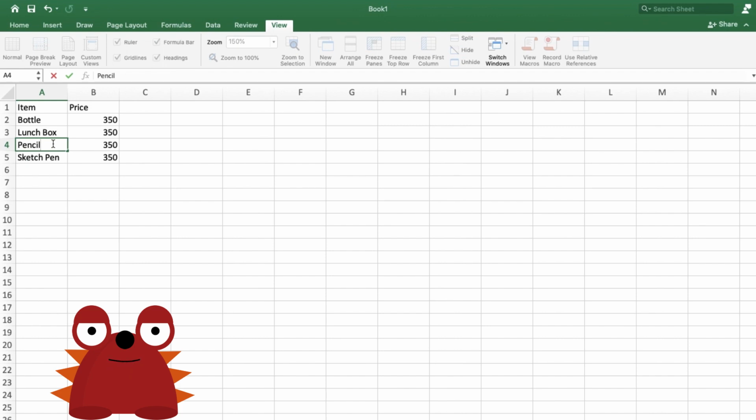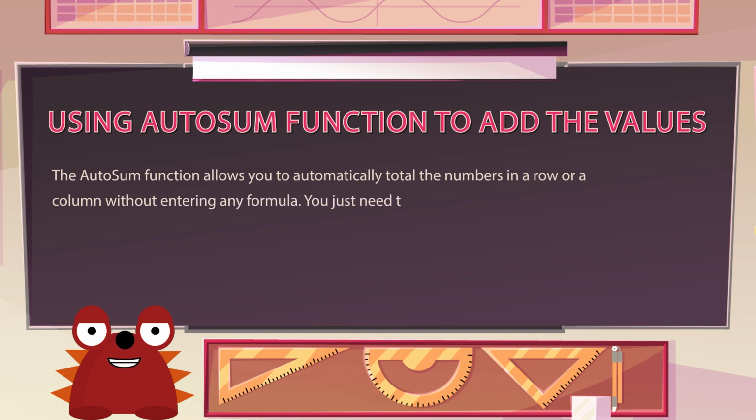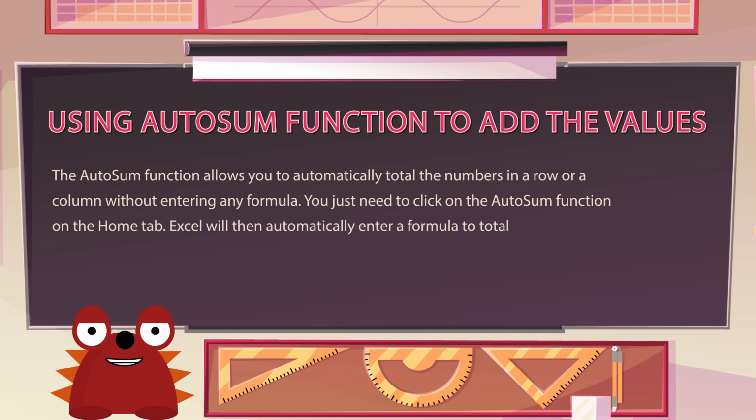We have arrived at the last topic in our chapter, which is using AutoSum function to add the values. The AutoSum function allows you to automatically total the numbers in a row or a column without entering any formula. You just need to click on the AutoSum function on the Home tab.